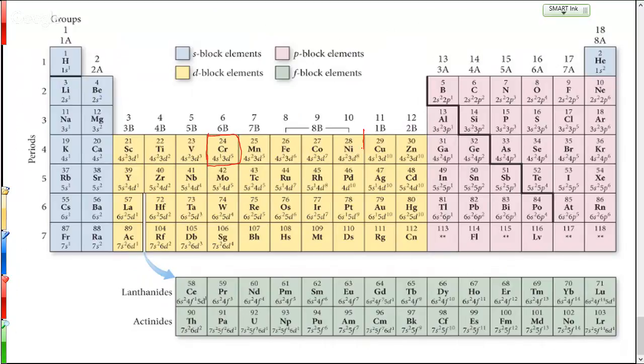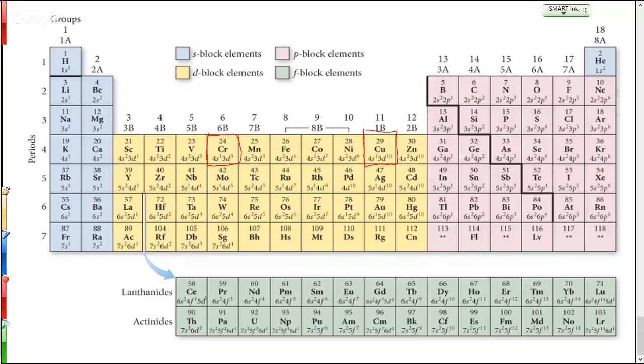Chromium and copper. If you can see that, you can probably see their configurations, instead of being 4s2 and then however many in d, actually it's 4s1. So the way we explain that is those are almost at the halfway point.